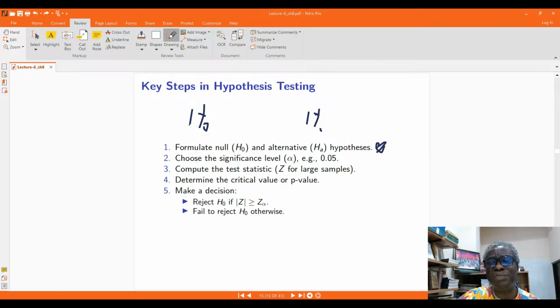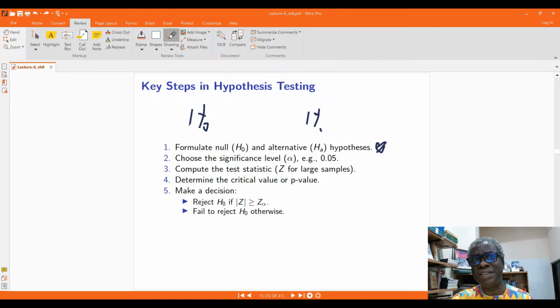0.01, 0.05, or at best 0.1. The third step is to compute the test statistic. That is the Z for large sample. The Z statistic I will show you shortly.